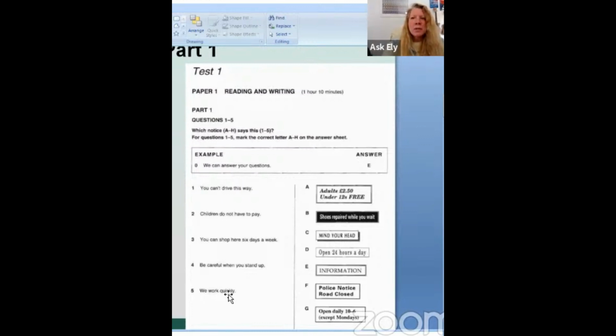Okay, so which one of these means quickly? Information. Is that quick? That's just information. That's just something that you need to know. Open 24 hours a day? Be careful. 24 hours, that's a long time.